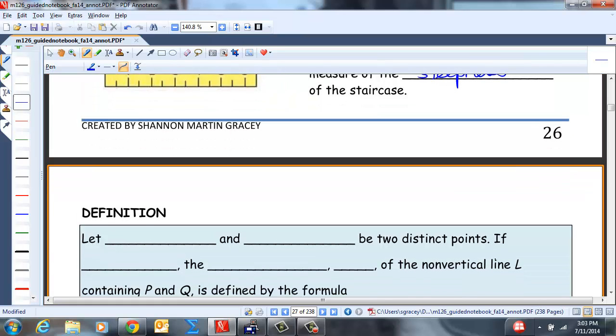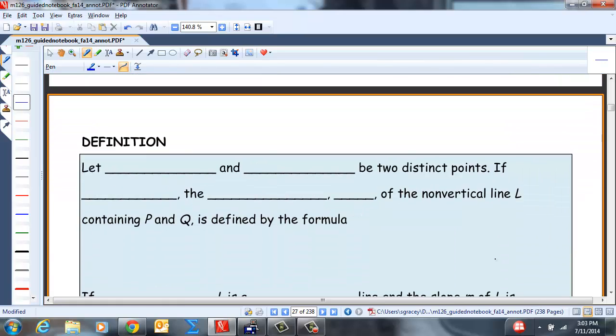All right, so next step, we have an official definition for slope. So if you have point P equal to x1, y1, and P2, so my apologies, this would be P and Q we're using.